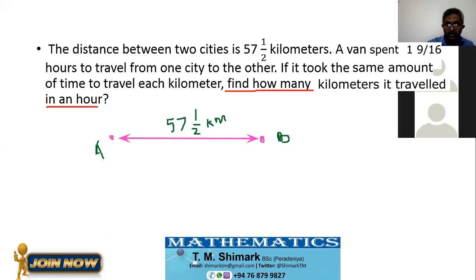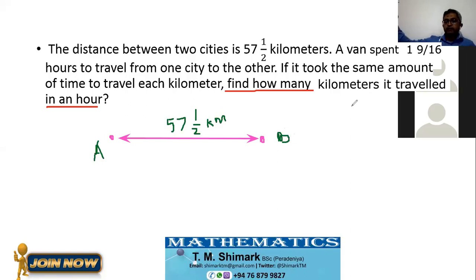A van spent 1 and 9 by 16 hours to travel from one city to another. So from here they started, and it took this many hours to travel.